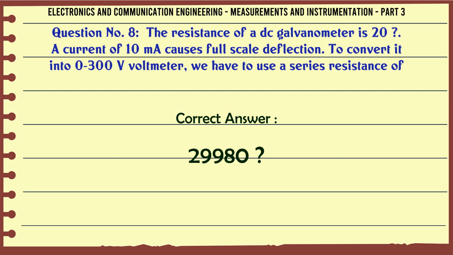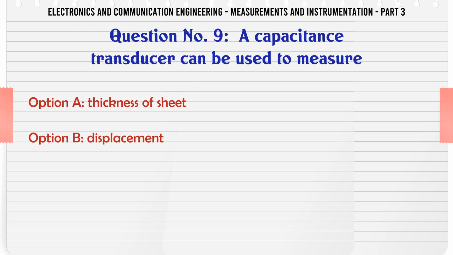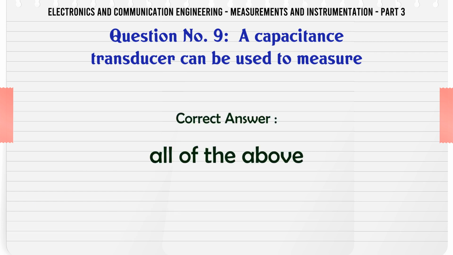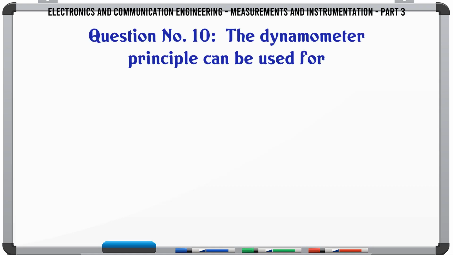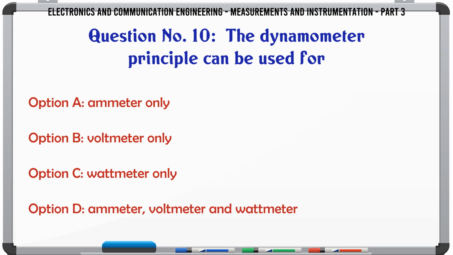A capacitance transducer can be used to measure: A, thickness of sheet; B, displacement; C, level of fluids; D, all of the above. The correct answer is all of the above. The dynamometer principle can be used for: A, ammeter only; B, voltmeter only; C, wattmeter only; D, ammeter, voltmeter and wattmeter.